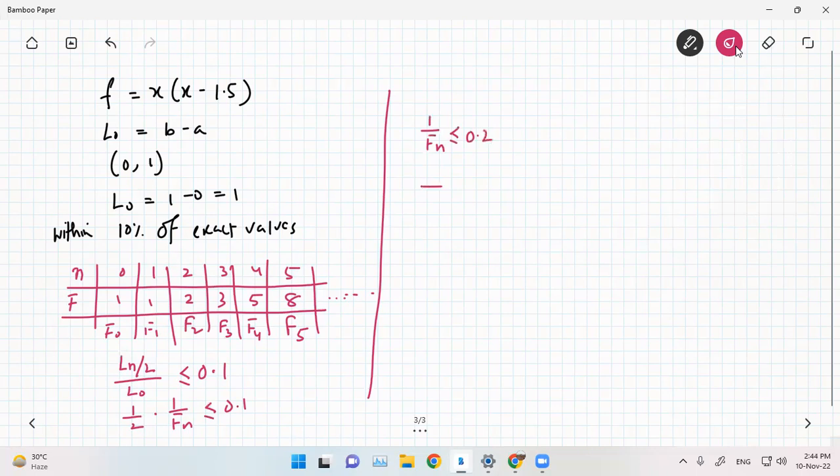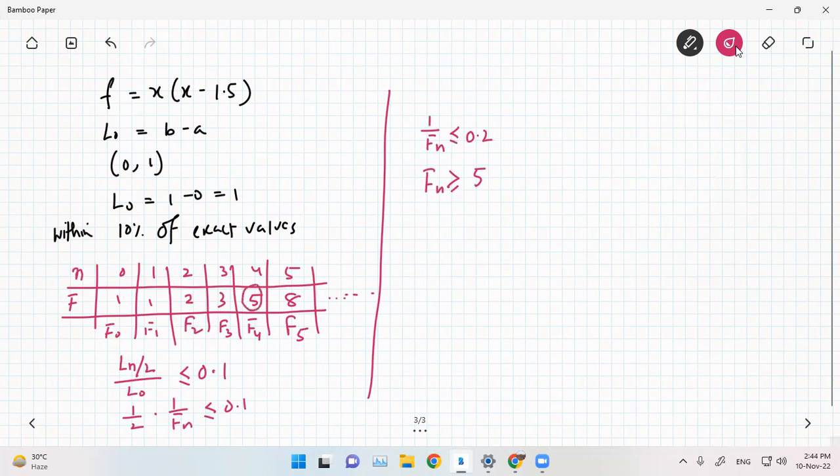So Fn, with the sign reversed, will be greater or equal to 5.